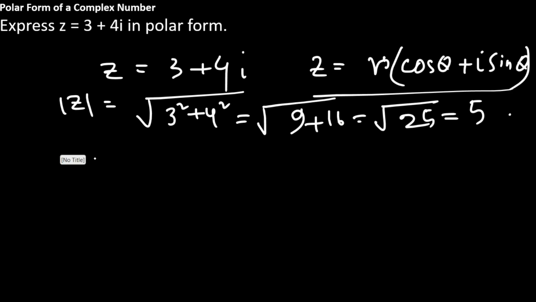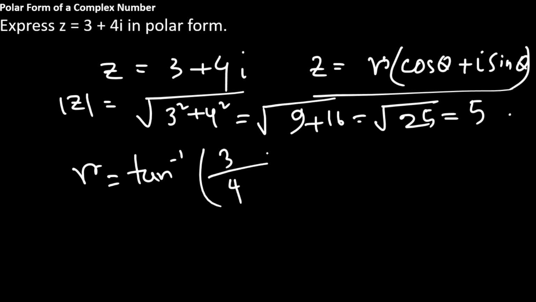So we have got r, it's 5, and now cos theta and sin theta. Here we find the theta value. It's tan inverse of the imaginary part over the real part.